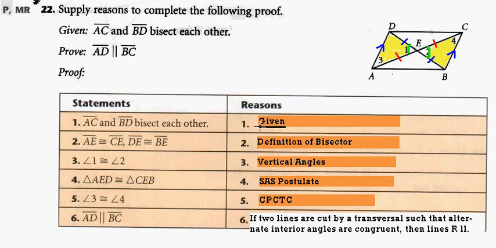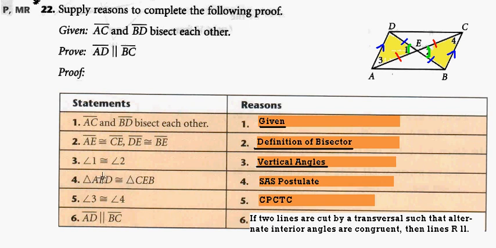Okay? The fact that AE is congruent to CE and DE is congruent to BE, that's the definition of bisector. Okay? Angle 1 is congruent to angle 2 because of the definition of vertical angles.